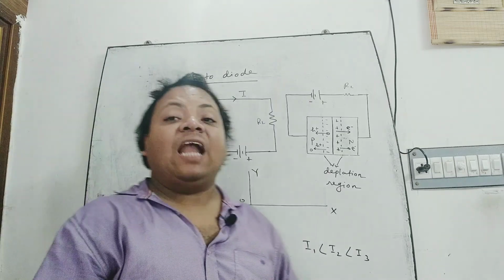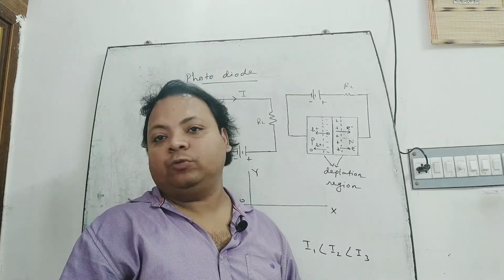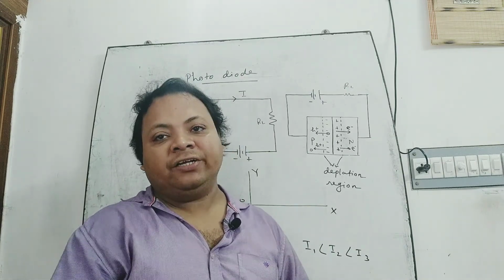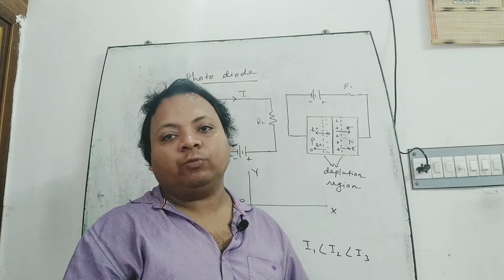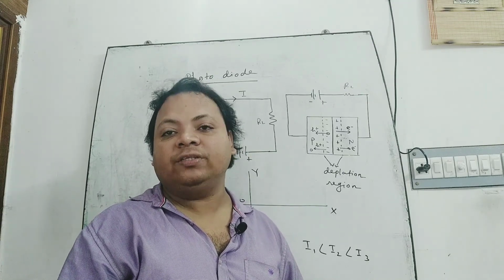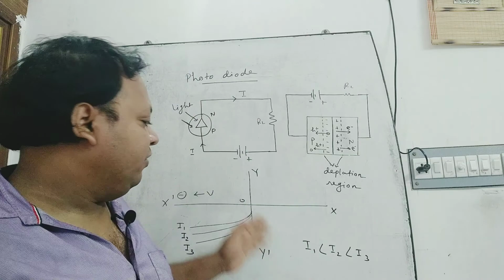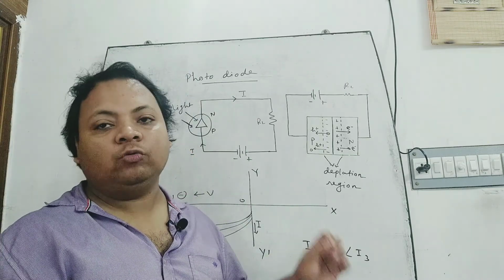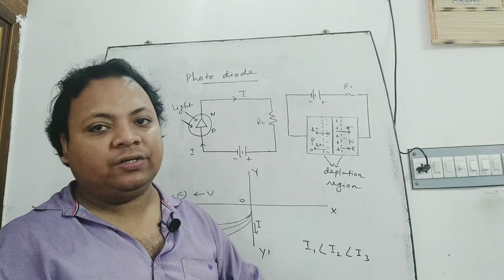In this case, the current of the circuit is directly proportional to the intensity of the incident light ray.